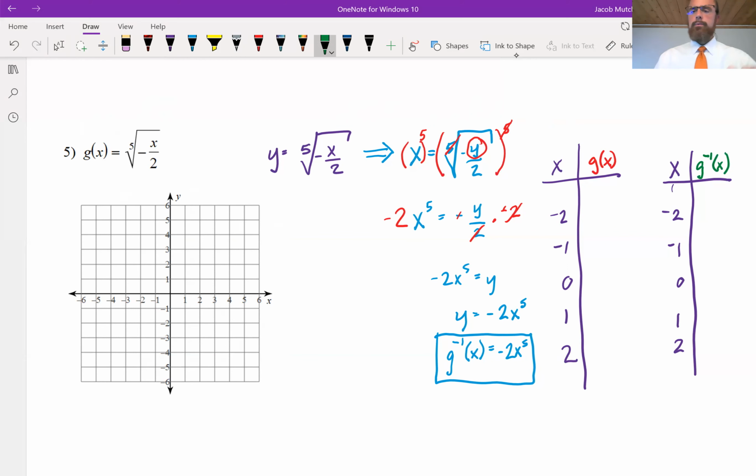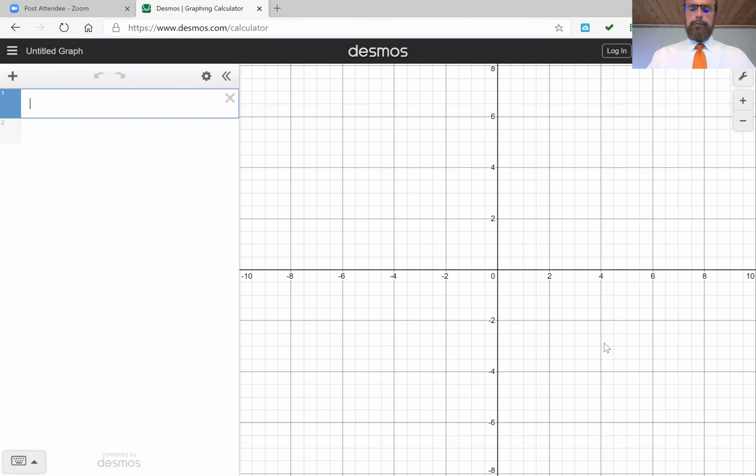So to facilitate with making those outputs from our two tables, we're going to employ the use of Desmos. So we'll head over there right now. And I want to put in our two equations. So for the first one, g of x equals the fifth root.